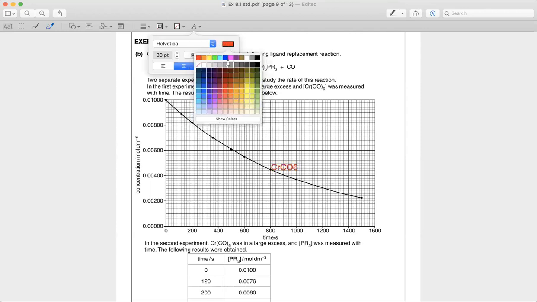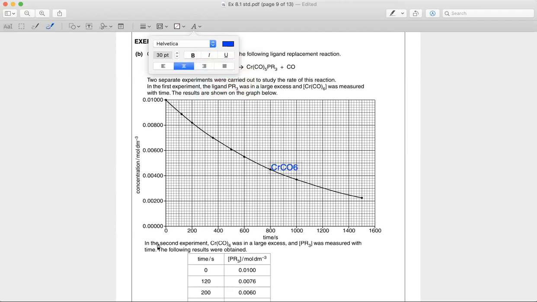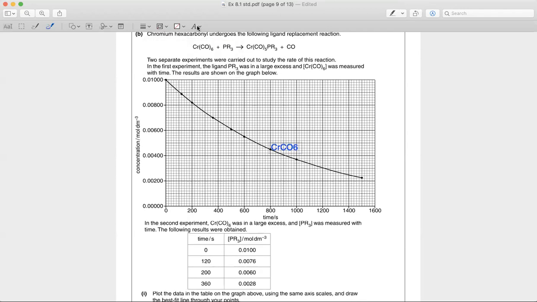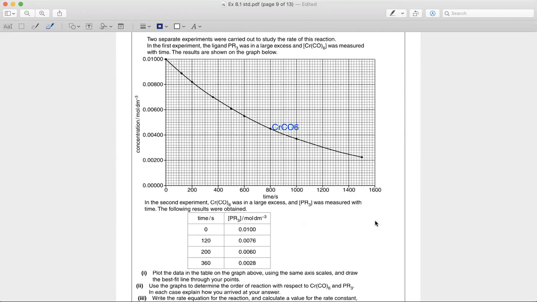I'll use blue. Right, next, in the second experiment, the chromium is now in large excess, okay? And the concentration of PR3 was measured with time. So that means we're going to plot another line, okay? Now, bear in mind when the question says draw best fit line, line does not mean a straight line only.